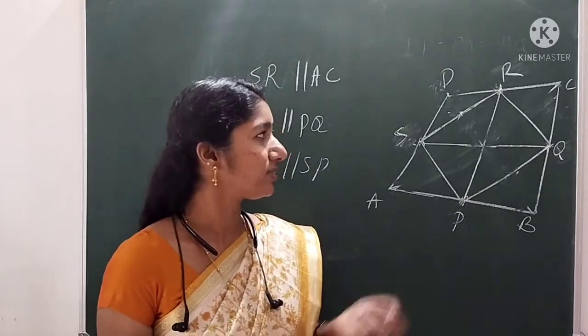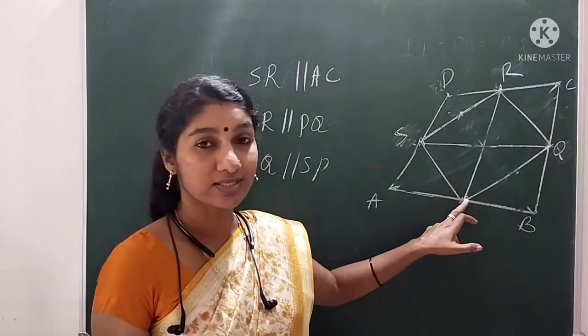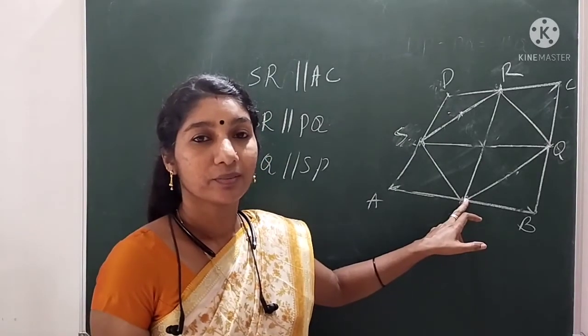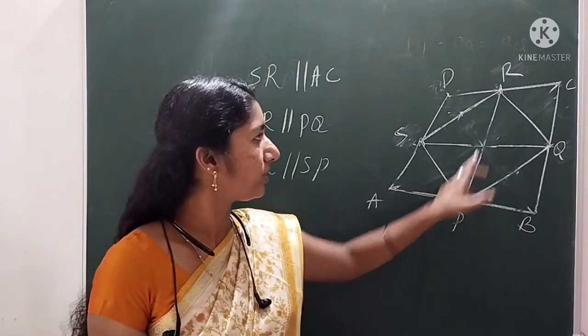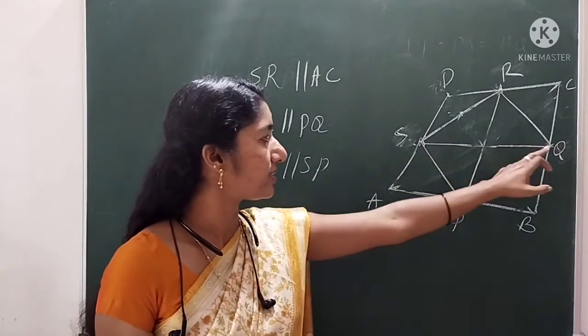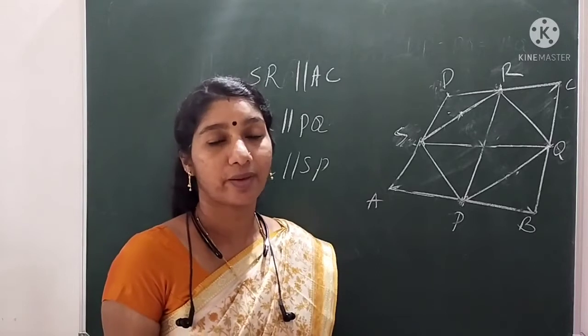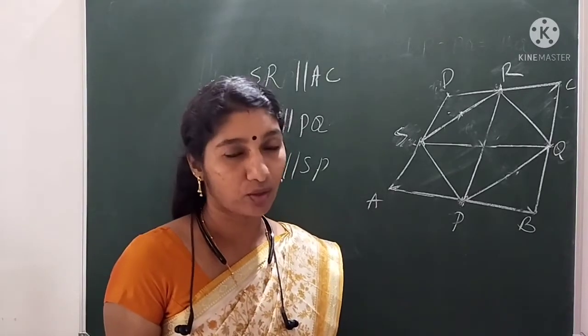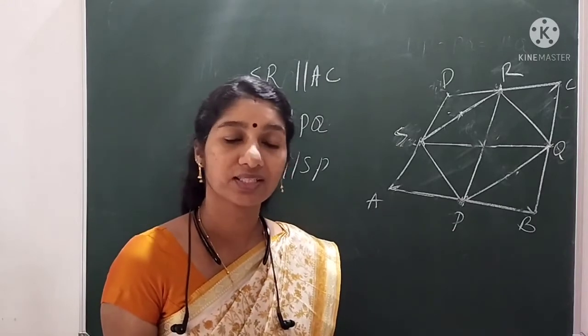The question asked that the line segments joining the midpoints of opposite sides bisect each other. Now we got that PR and SQ are the diagonals of the parallelogram PQRS. Since we proved it's a parallelogram, its diagonals bisect each other.